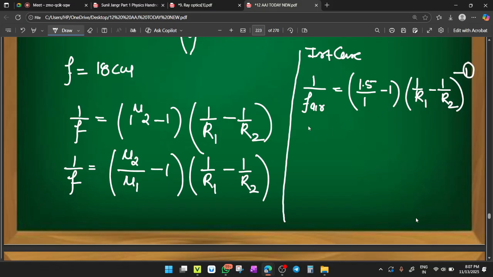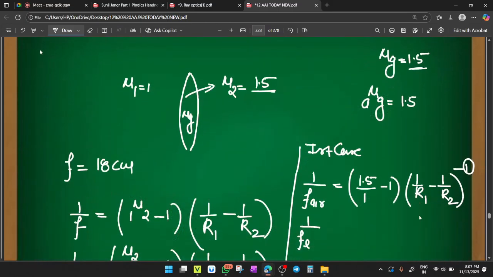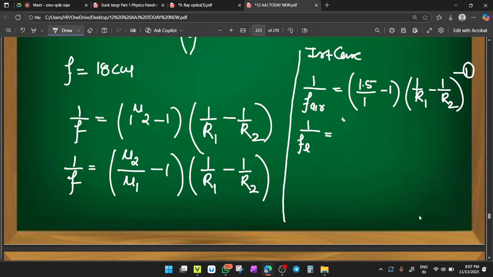Okay. Now, when you place some liquid, you have inserted your glass inside the liquid, then what will happen? As you inserted your glass inside the liquid, the liquid will be the outside medium. So, mu1 becomes the liquid medium. So, mu2 upon mu1.